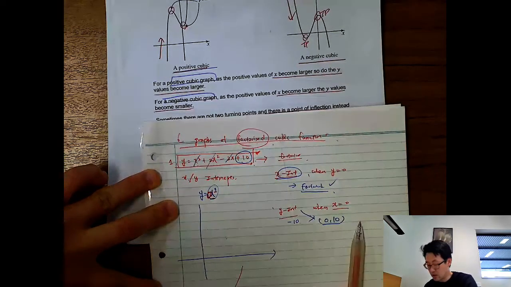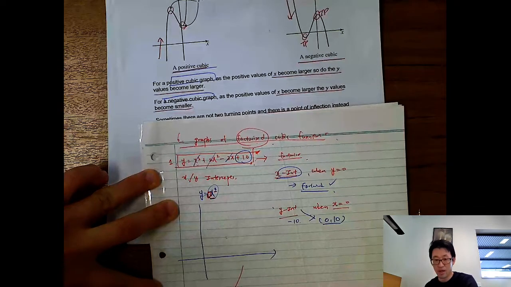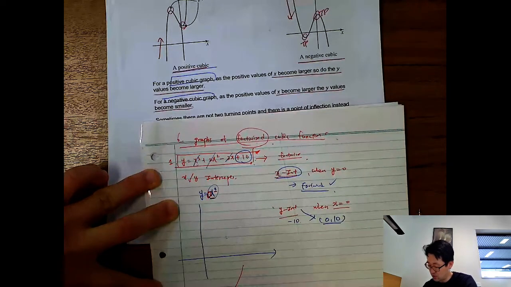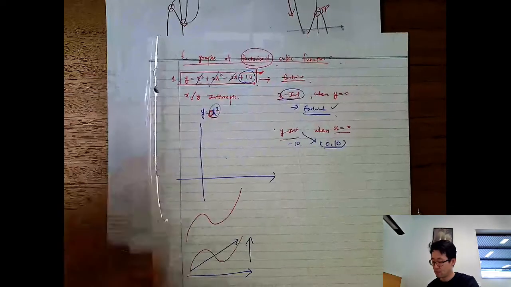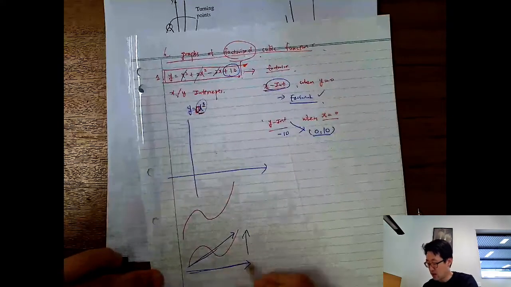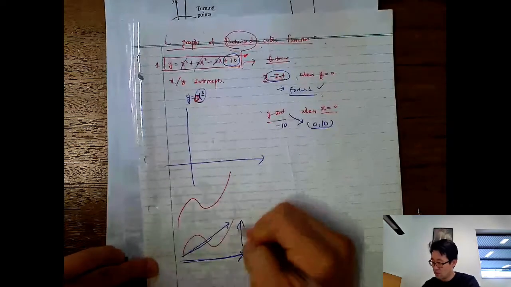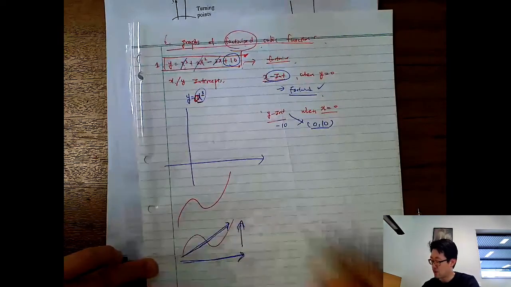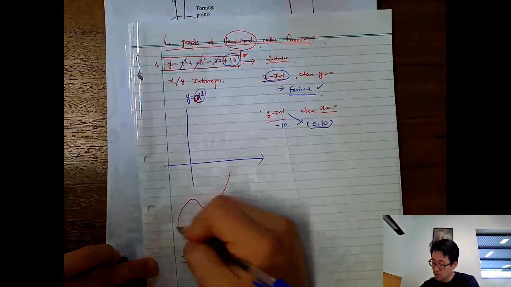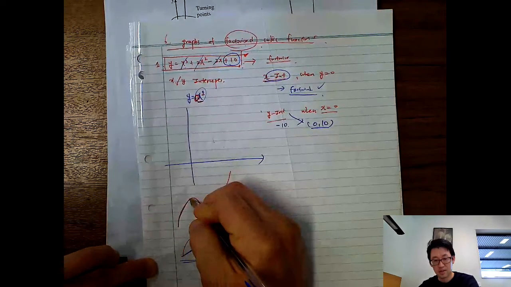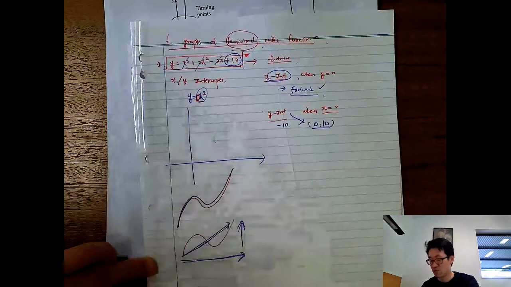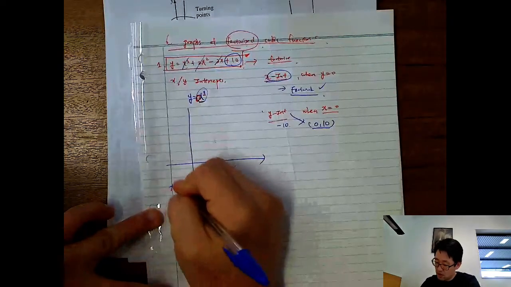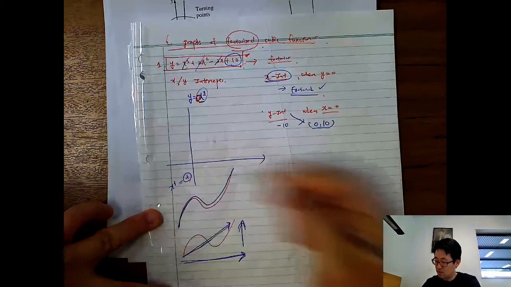When x increases, it's the gradient, isn't it? When x increases, y also increases. General pattern, when x increases, y increases. Or the easiest way you remember, I start from increasing, not decreasing. Okay? So just remember that. That's when x cubed is positive.